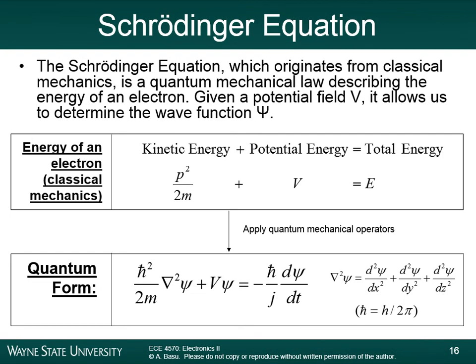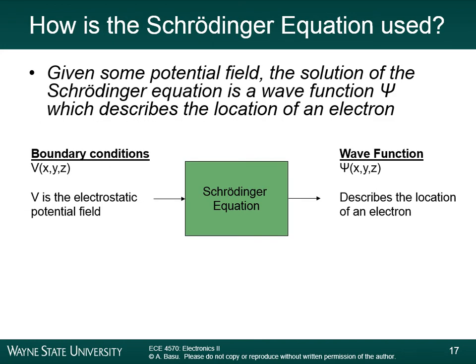So you have this three-dimensional function V of x, y, z, which describes the electrostatic potential in space, and that's determined by where the charges are located. You plug that into the Schrödinger equation as a boundary condition, and the solution to the Schrödinger equation is a wave function psi. It's also a function of x, y, z, and as we showed before, if you integrate that function psi over the 3 dimensions, you will get the location of the electron.